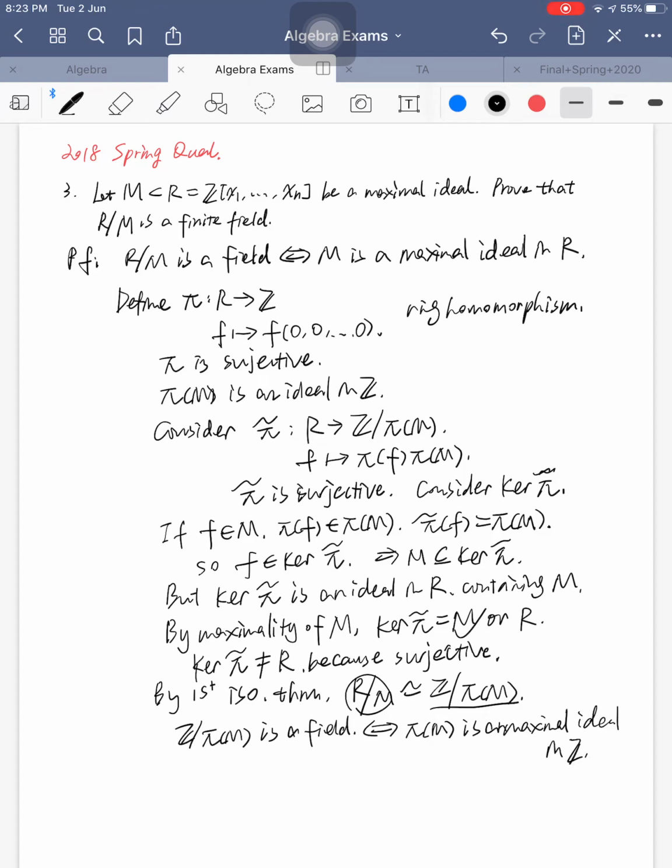So this tells us that, notice that a maximal ideal is the same as a prime ideal in Z. So pi(M) equals the ideal generated by p for p prime. So p is a prime integer.